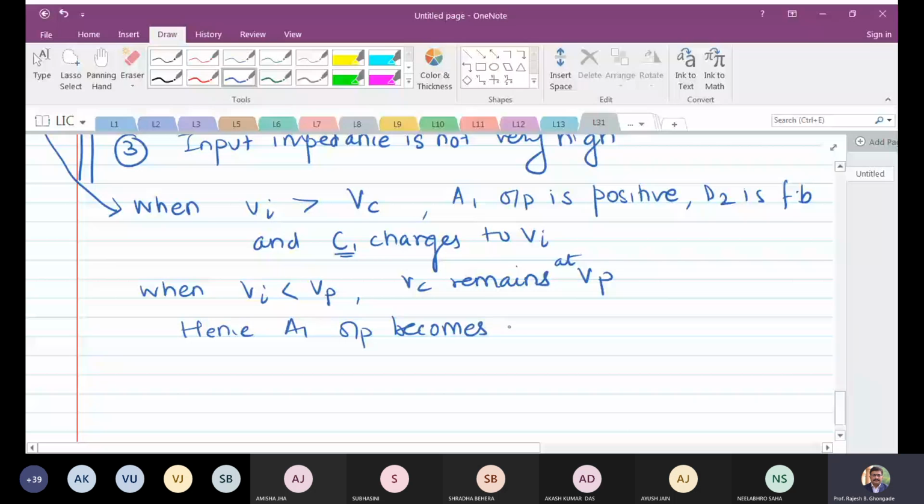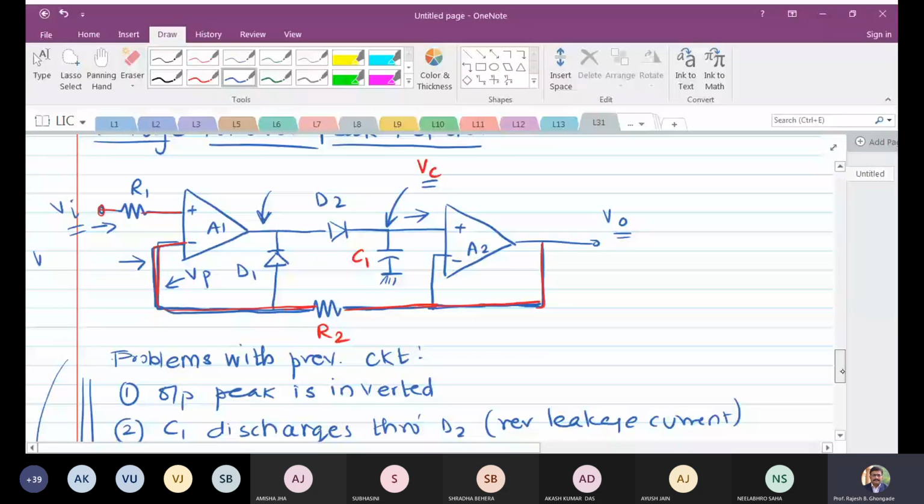And then D2 is now reverse biased. But D1 now is forward biased. Why is D1 forward biased? This is VP and the output of A1 is negative. VP and this is negative.